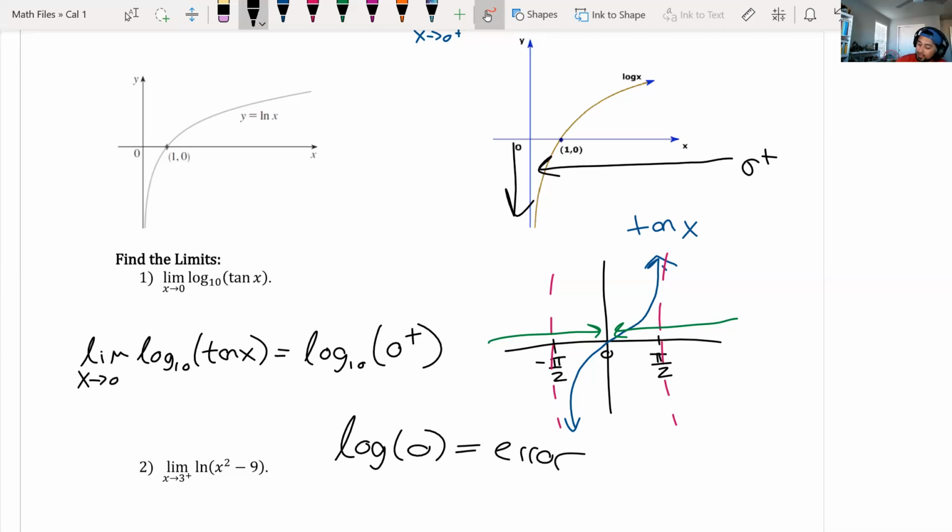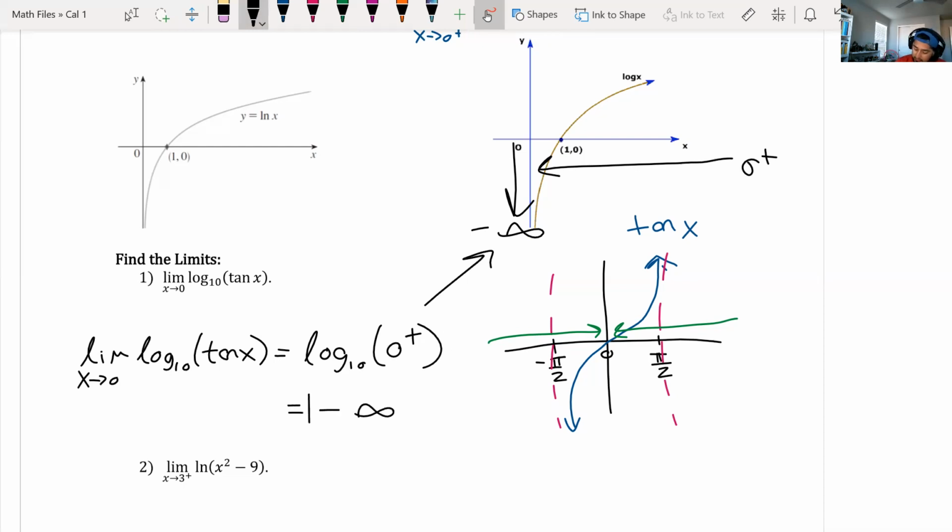Negative infinity. So when I say the log of 0 from the right, your answer is going to be negative infinity. That's the reason for the 0 from the right. And this will equal negative infinity.